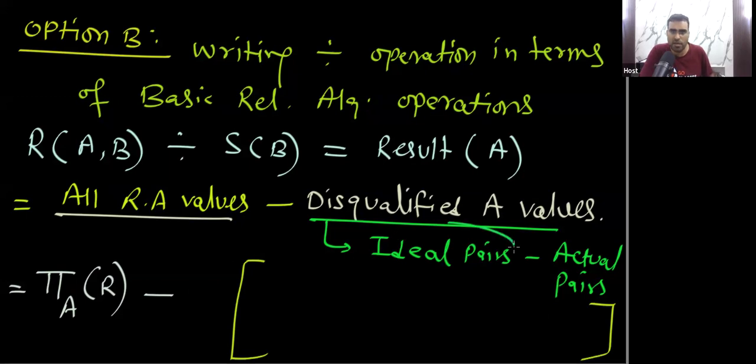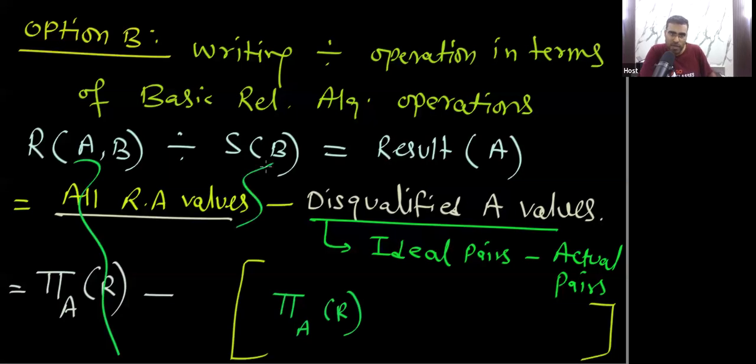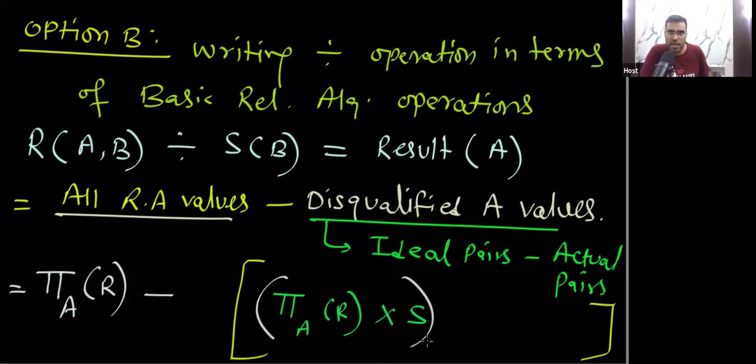What are ideal? See, ideally, these A values should pair with every S value. Remember, these A values means Pi A of R. They should pair with every S value, means cross product with S. So this is ideal.